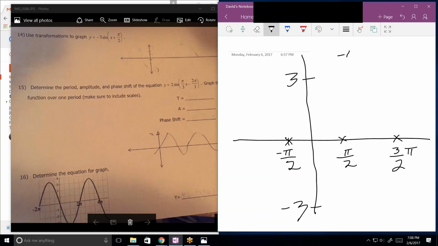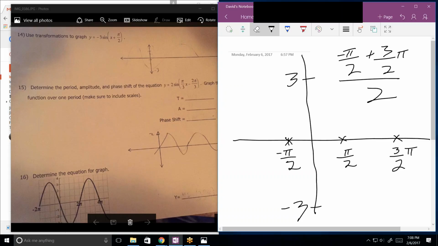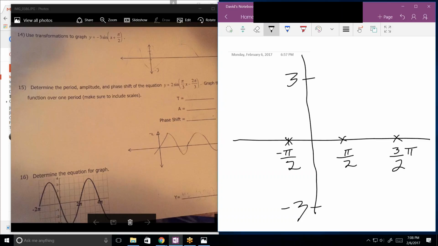Minus pi over 2, the left point, plus the right-hand point. Well, that gives you pi, but then you got to divide by 2 because you're finding the midpoint between the two. Well, that gives you pi over 2. Oh, okay. So pi over 2 is what you get when you quarter it. Oh, I thought the 2's would cancel out.